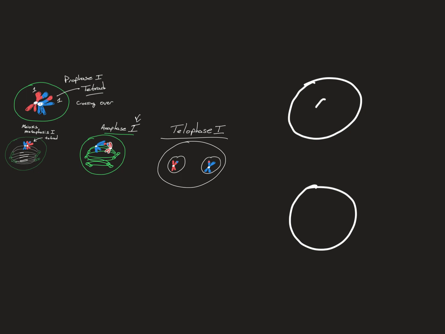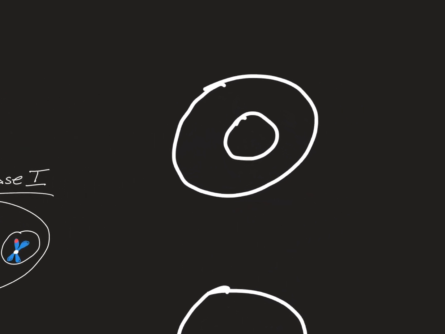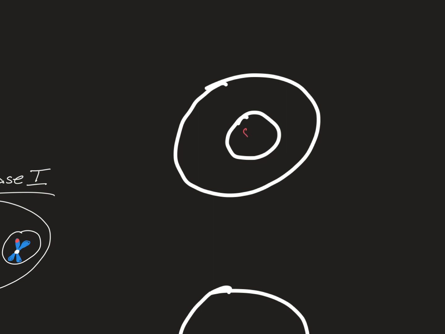And inside those cells, each has a nucleus. I'm not drawing the other organelles. I hope you understand that. And in one cell, you have this doubled up. It's already doubled up. No need to double. No, we're not doing S phase again. There's no S phase.